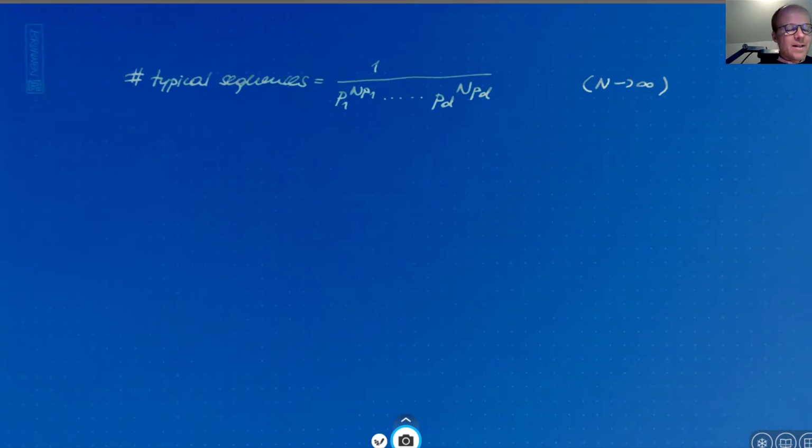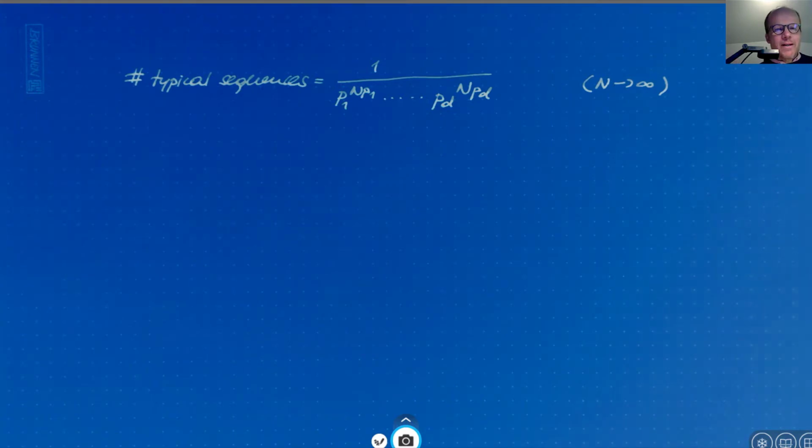Now we said on the previous page that when you have a random experiment where all outcomes are equally likely, you have d different outcomes, then the Shannon entropy is simply the binary log of d.